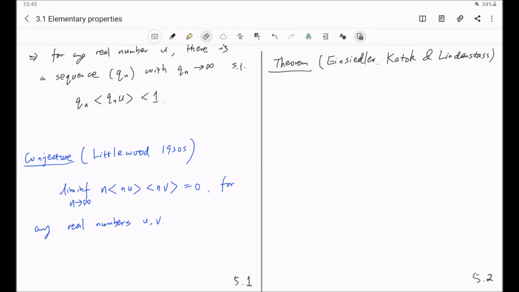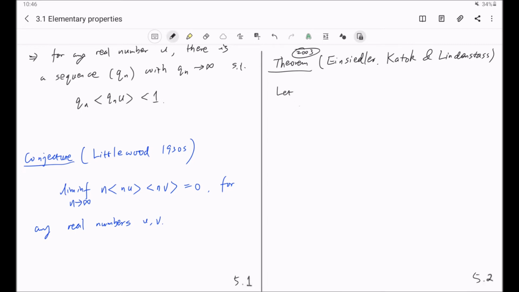And the year, I think, is 2003. They use the ergodic theory methods to prove that the pairs u, v that fail the Littlewood conjecture is extremely small. Specifically, they prove the following.